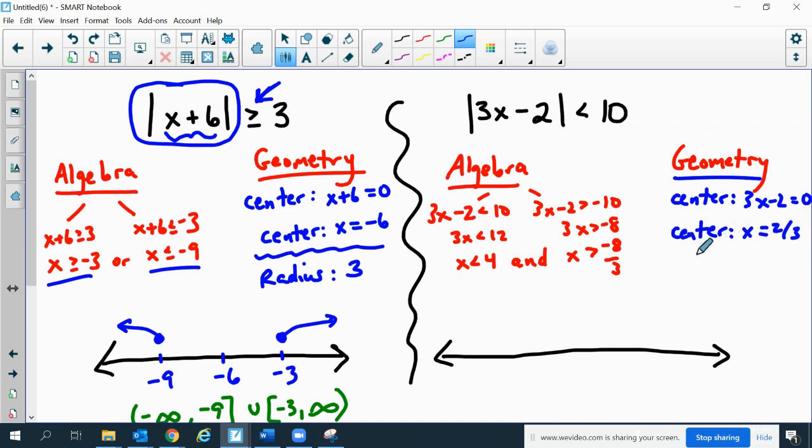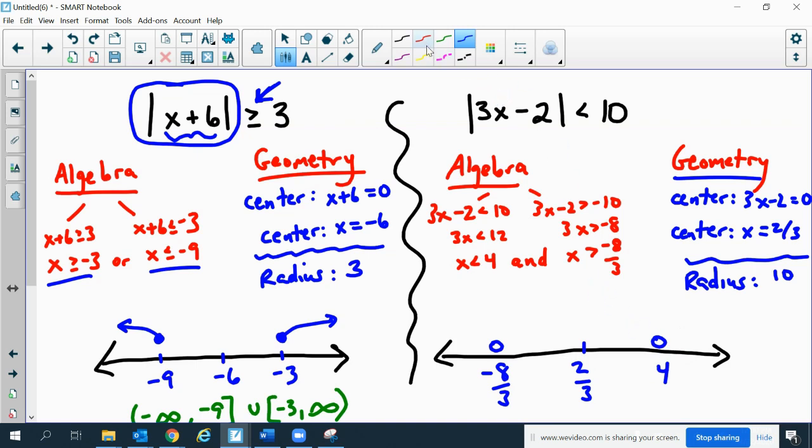So the center is 2/3. Now my radius, I may be tempted to think is 10, but that doesn't fit with what my answers are. So notice if my center's at 2/3 and I know that I have something at 4, and I know I have something at negative 8/3, clearly, 2/3 plus 10 does not give me 4.